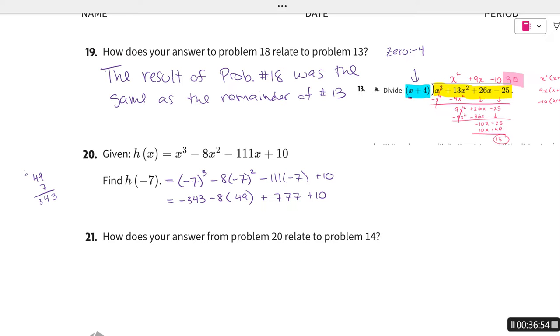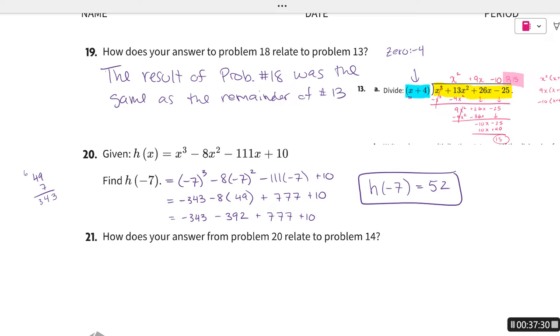So we just subtract 8 from that to get negative 392. Okay, so if we add all these up together, h of negative 7 equals, well, negative 343 minus 392, what does that give us? Negative 735 plus 777 gives us 42 plus 10, that's going to give us 52.